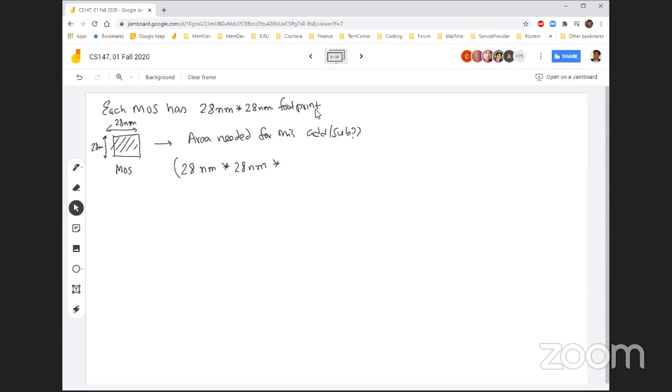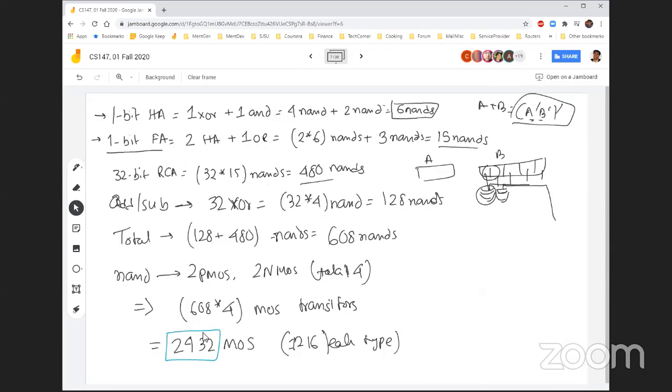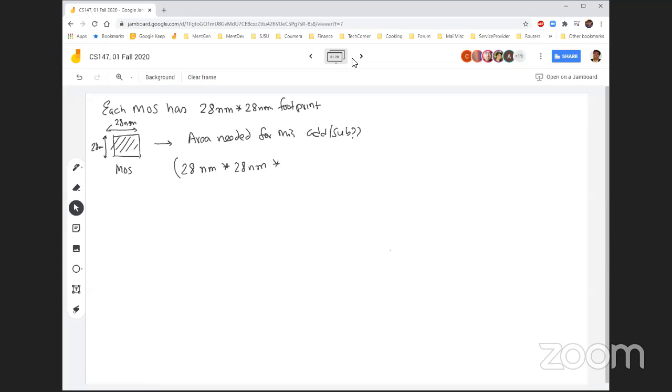So the area needed for this circuit is that area multiplied by 2,432. Careful with the unit: the multiplication unit becomes nanometer square.